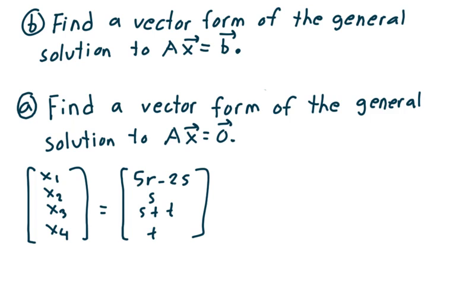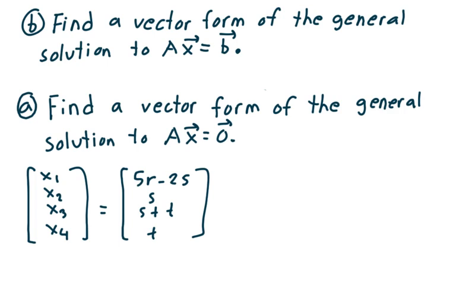So let's take a look at A first. I restate the question and say find a vector form of the general solution to AX equals 0. So I'm looking at the column vector (x1, x2, x3, x4). This is equal to the column vector (5r minus 2s, s, s plus t, t).